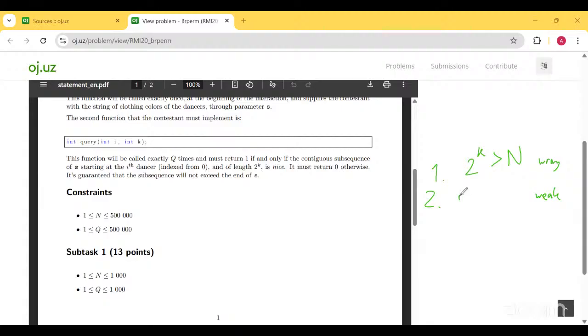All right, unintended solution. What else? Okay, all right. Anyone got accepted on this problem? No. All right.